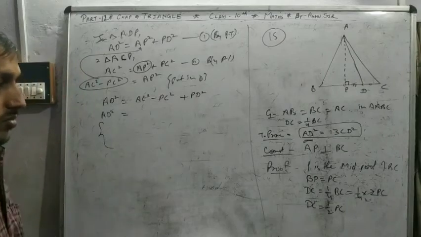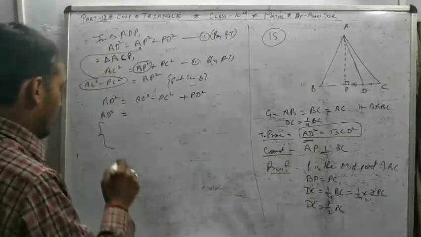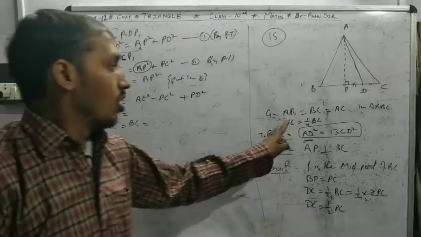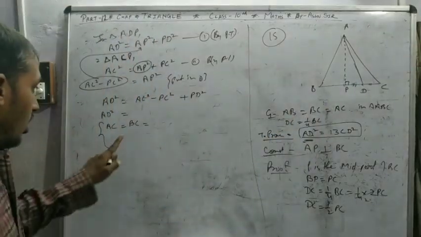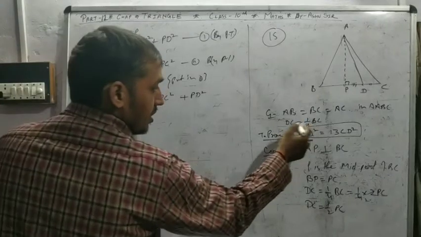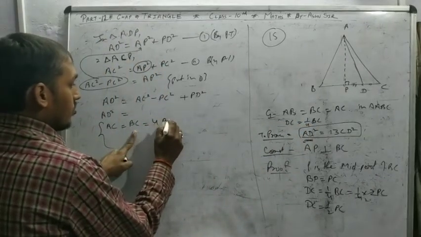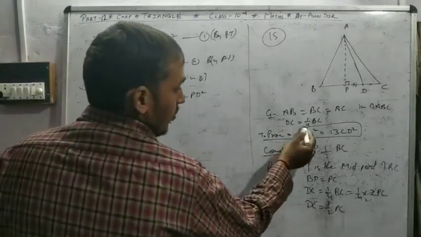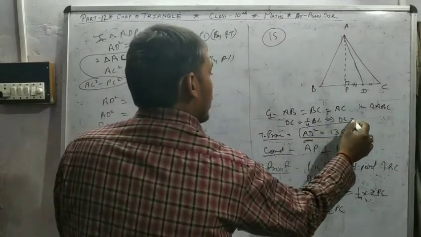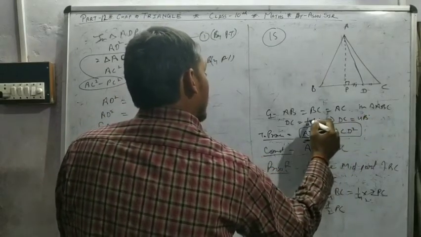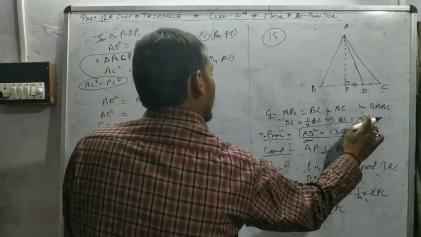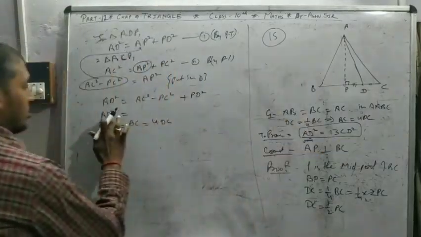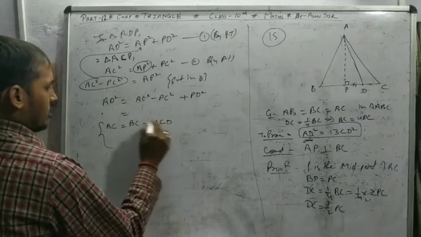AC, we want CD. AC is equal to BC because it is an equilateral triangle, and BC is 4 times DC, because if we cross multiply, we get BC equal to 4 DC, because we only want AD and CD, or you take CD or DC but same.